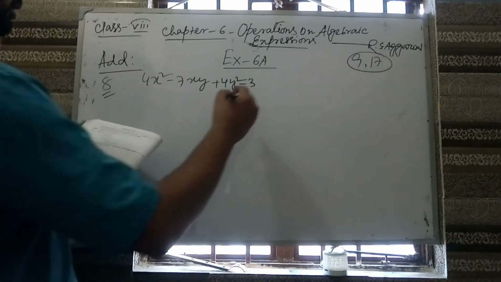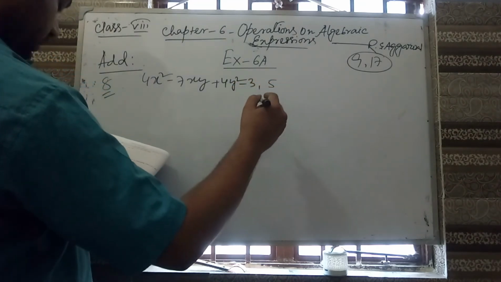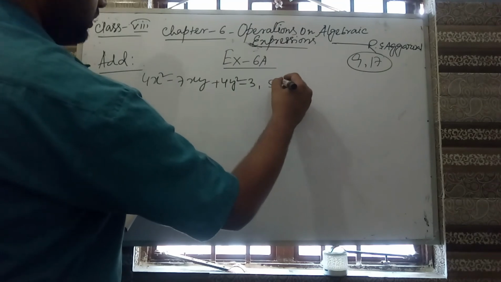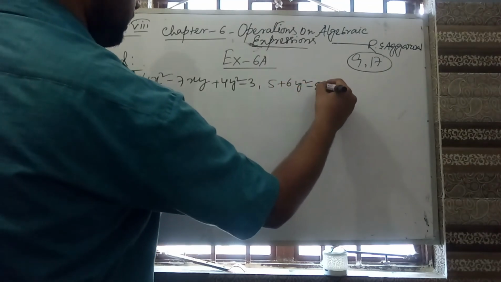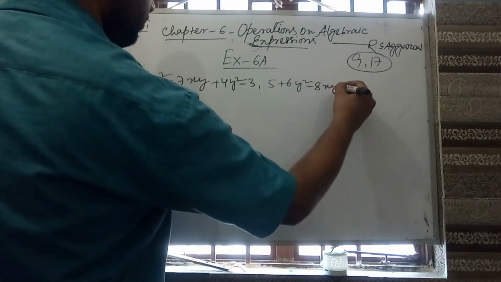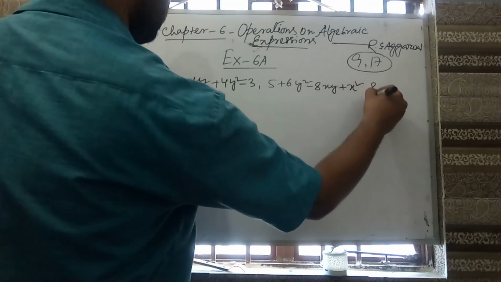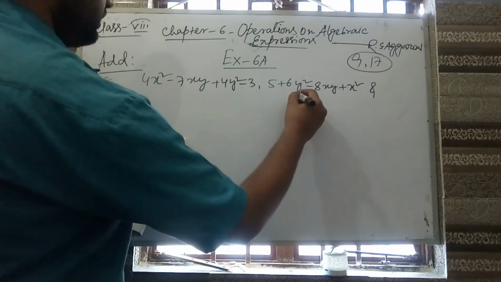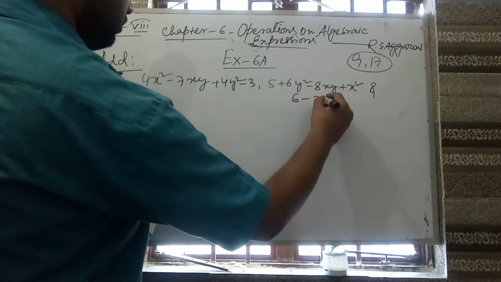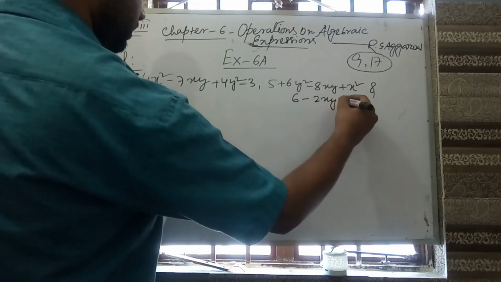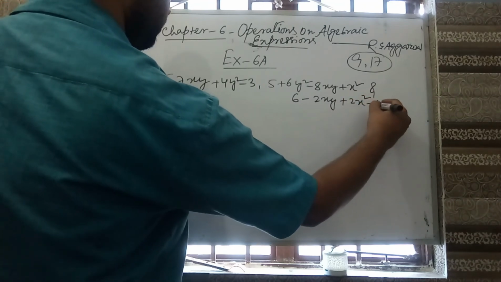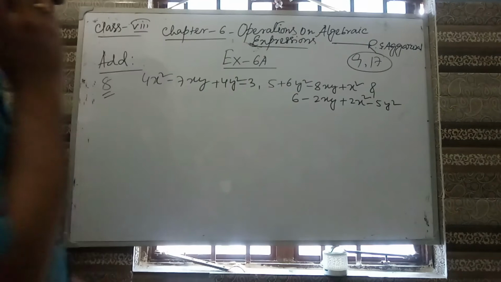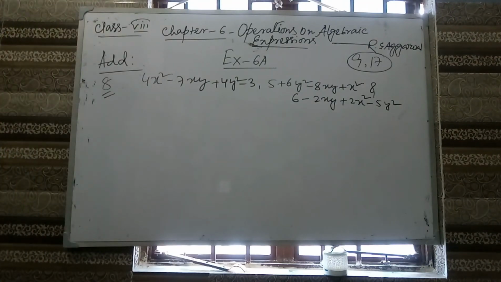Next one is 5 plus 6y square minus 8xy plus x square, and 6 minus 2xy plus 2x square minus 5y square. Okay, we'll use the column method here also.